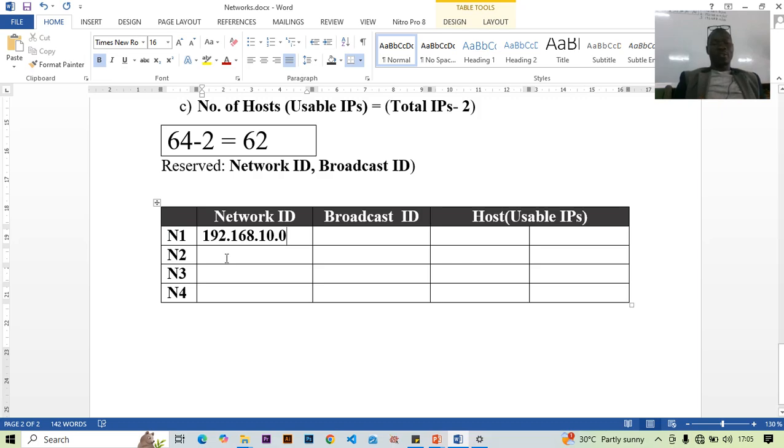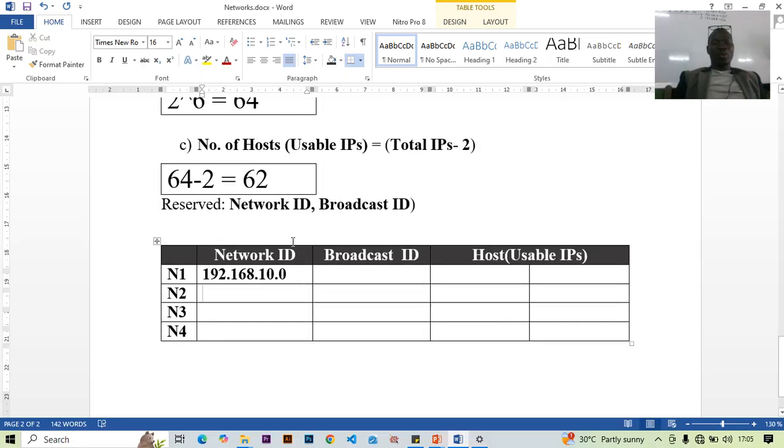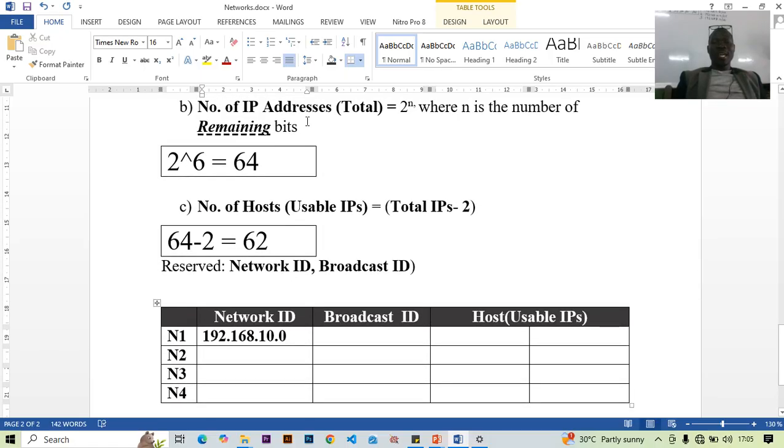First of all, we shall need to find the network ID for the second network. We said, to find the network ID for the second network, we shall have to add the total number of IP addresses in that given network onto network 1. So we write that, and then we say 0 plus the total number, which is 64. This will give us 64, because in each and every network we shall have 64 IP addresses.